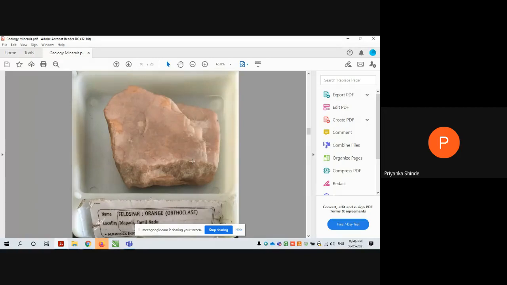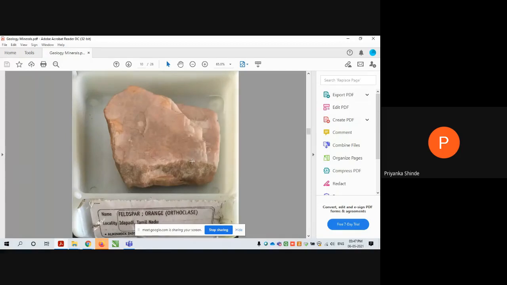Then if you rub it on the streak plate, the streak is absent, because we know the hardness of the feldspar group is 6 on the hardness scale. So it is quite hard, harder than the streak plate. So it will not produce any powder, so you can write it as absent.